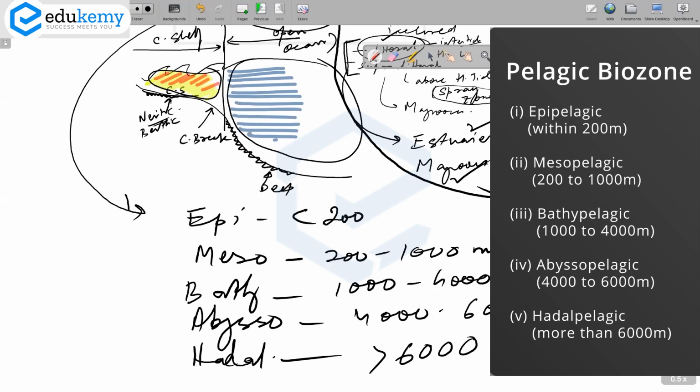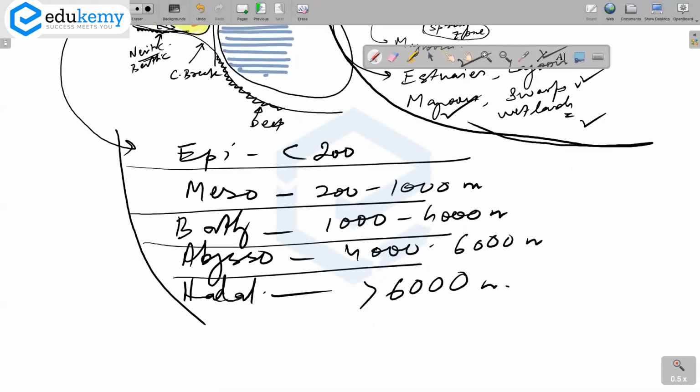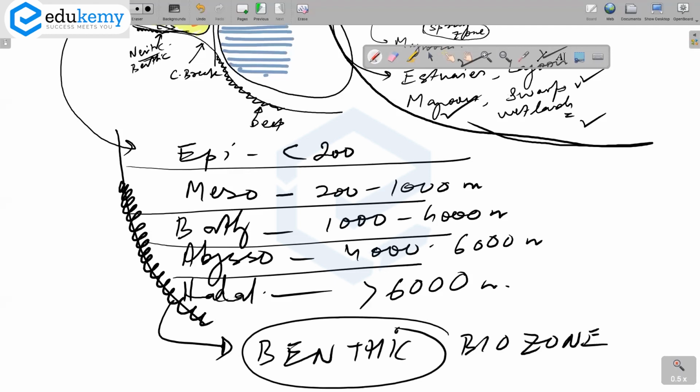These are the depths of the waters, and this is entirely on the basis of the layering of the ocean waters. Now the floor of the ocean is called the benthic biozone.